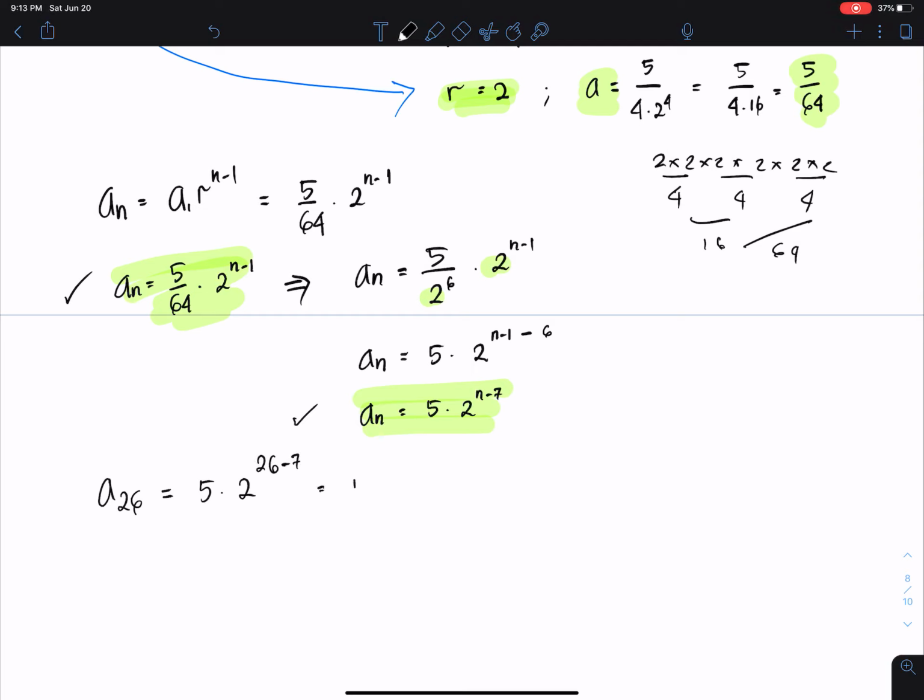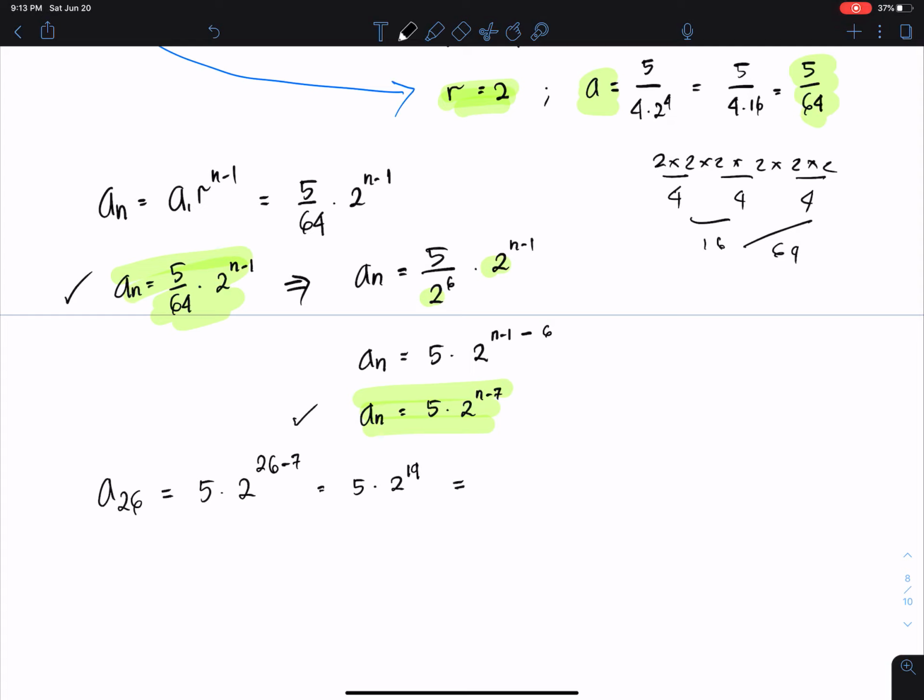So that will be 5 times 2 to the power of 26 minus 7. That will be 19.